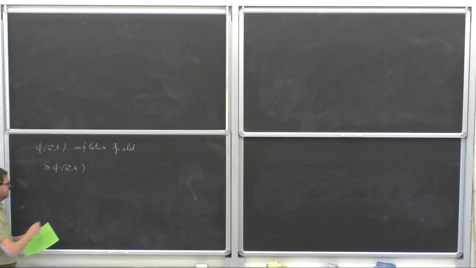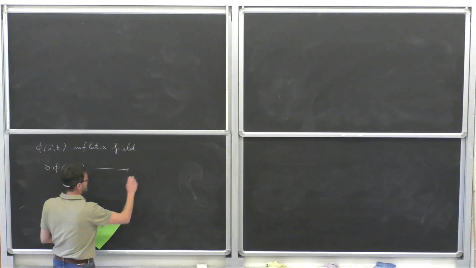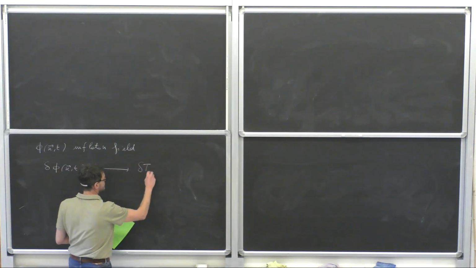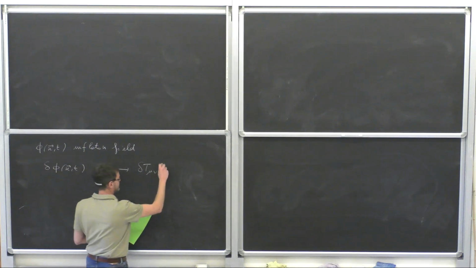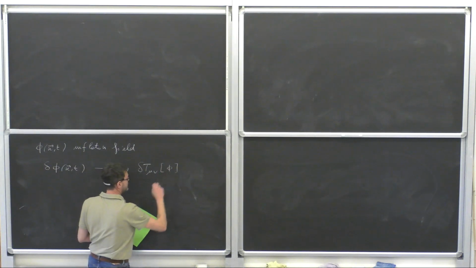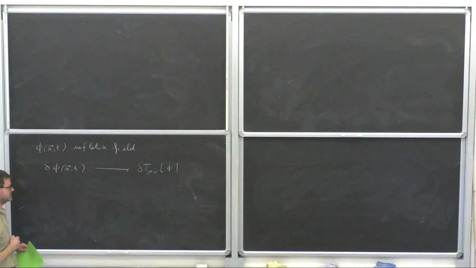So under this assumption, there will be a fluctuation of the energy-momentum tensor of the scalar field, or in general, of the full energy-momentum tensor.